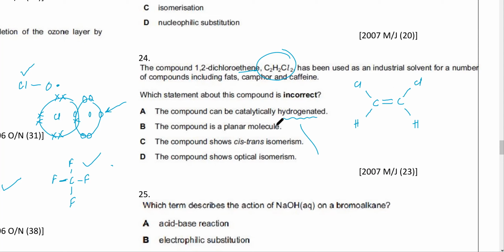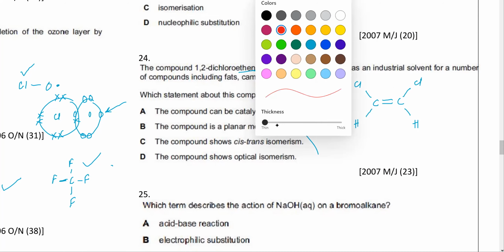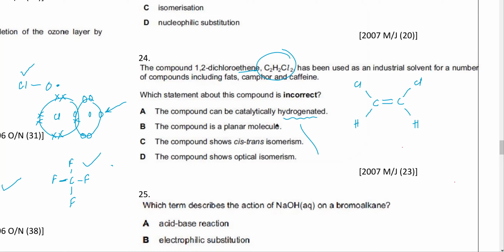Then this is also true, the compound is a planar molecule क्योंकि whenever carbon is making a double bond, just one double bond, so it's going to be fan shaped. ठीक है, तो इसकी जो geometry होगी, that would be 120-degree angle, sp2 hybridized होगा. So both carbons are identical, so they're going to be fan shaped.